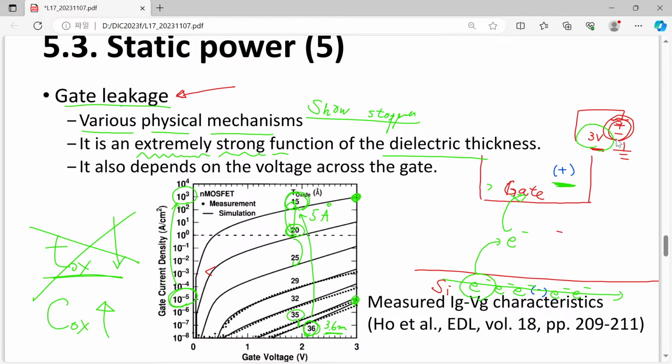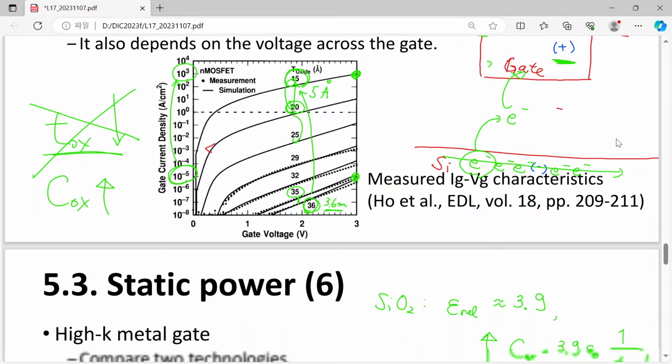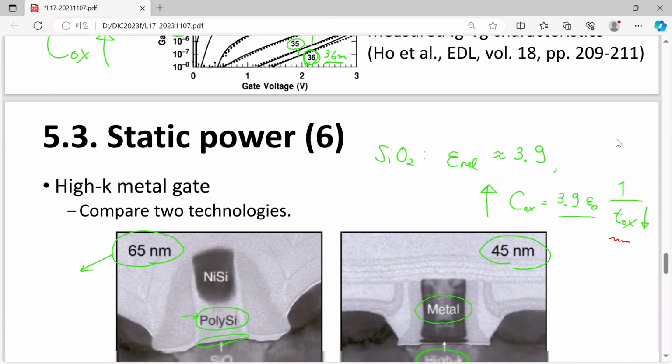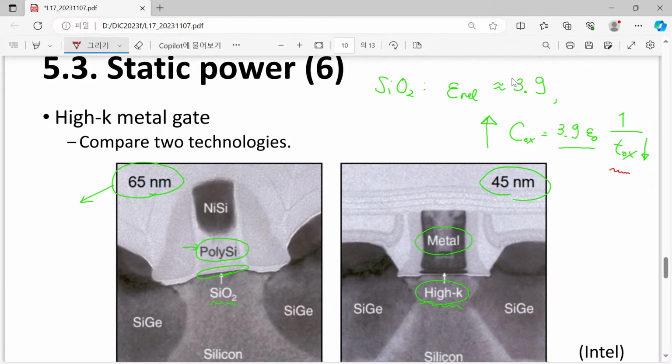Your gate leakage will become too high, so your device or your logic circuit cannot survive any longer. So what they did is, instead of decreasing this oxide thickness to increase oxide capacitance, keep this number. On the other hand, just increase this number.